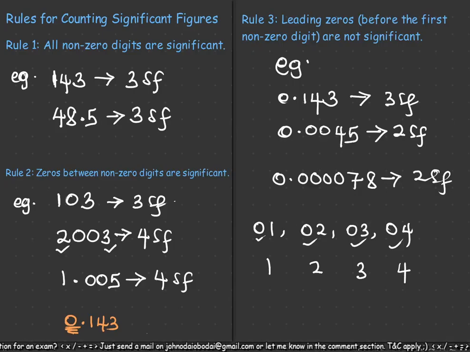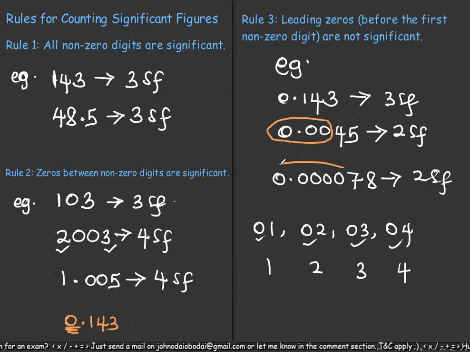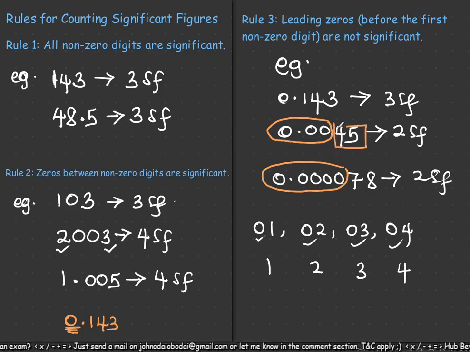For these decimals we have over here, even though these zeros are not significant, we have to write them. If you choose to omit them and just write the 45, you have changed the value of the number. So even though they are not significant, we cannot omit them.